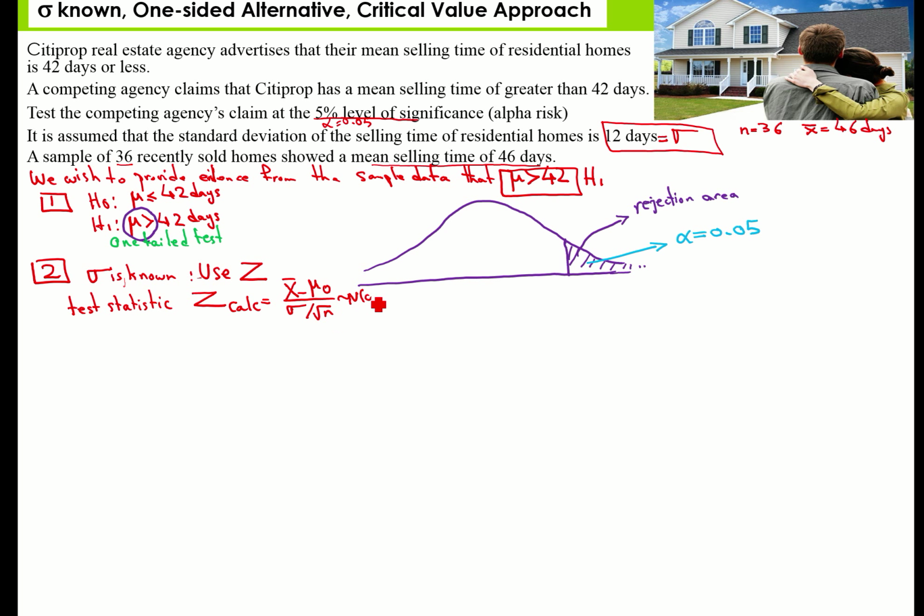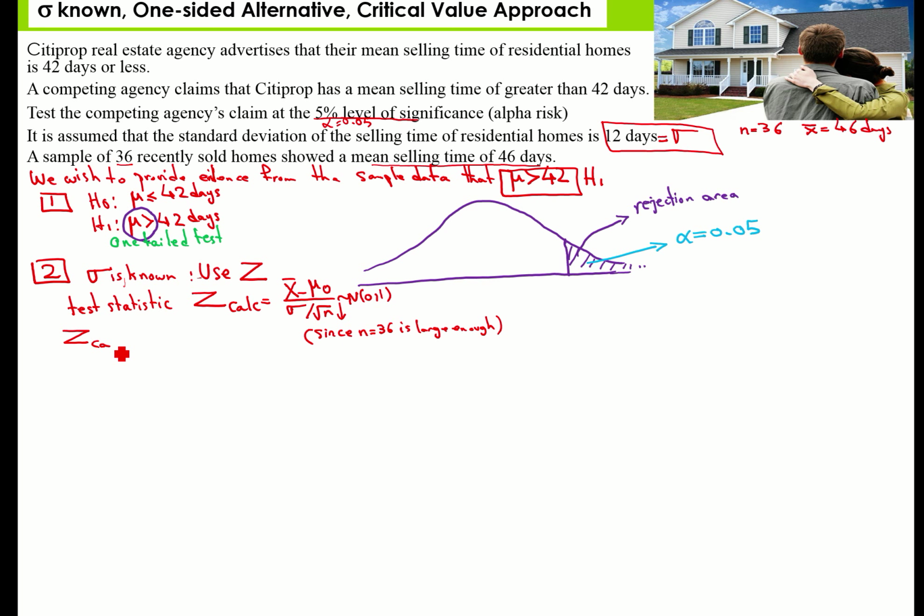This is normally distributed because n, the sample size, is large enough. So by the central limit theorem, x bar minus mu 0 over sigma over square root of n is normally distributed.